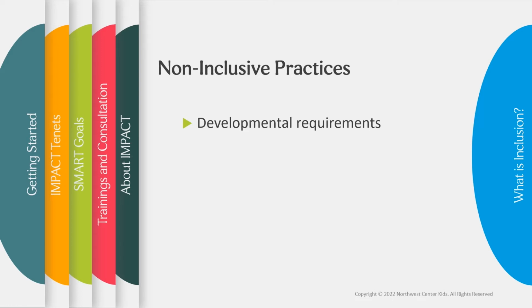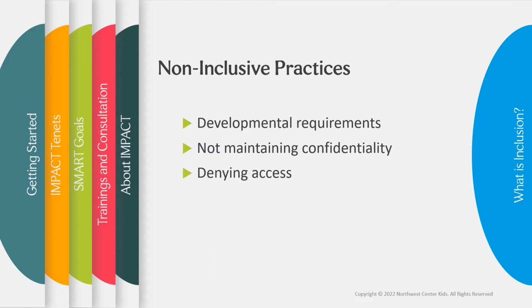Because children develop on different timelines, we need to individualize accommodations so kids can stay with their same age peers and be successful. Another non-inclusive practice is not maintaining confidentiality when talking with parents. We know it can be hard sometimes to navigate family relationships, so it's important for your staff to develop a skill set and a mindset to communicate effectively and confidentially with families around challenging behaviors or children's diagnoses.